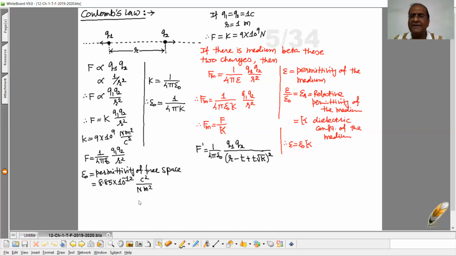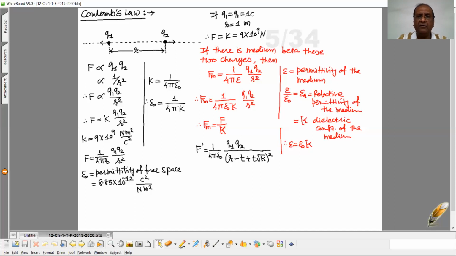Permittivity of any medium is nothing but the measure of the response of that particular medium to the electric field. So we can write Coulomb's law in equation form as F equal to 1 upon 4 pi epsilon 0 Q1 Q2 upon R square.